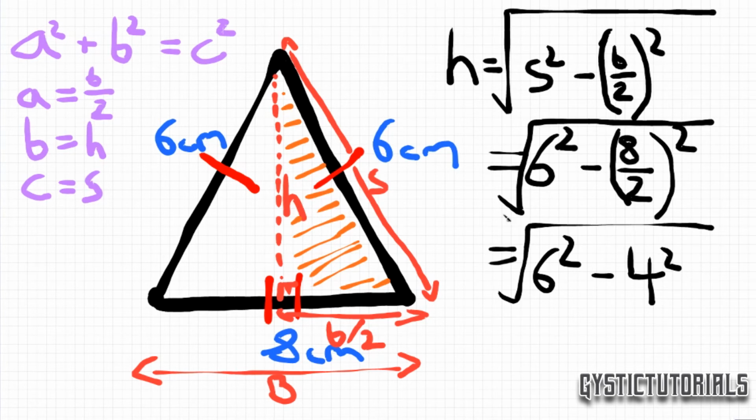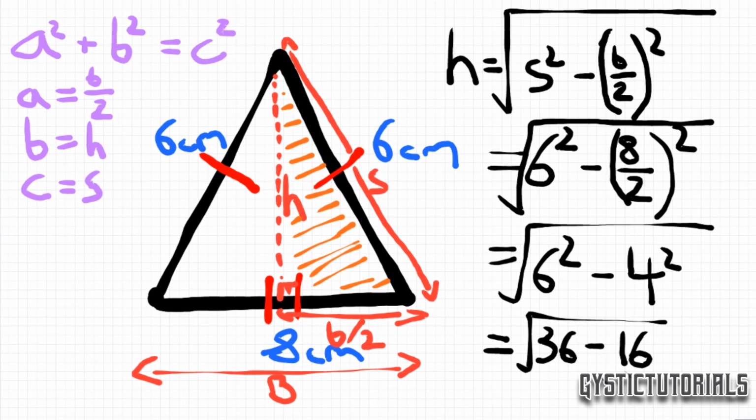Next, we just work out what is 6 times 6, because that's what that means. It means it's the number times itself. So what's 6 times 6? It's 36. Take 4 times 4, which is 16. So we're going to write in 16 and then square root that.